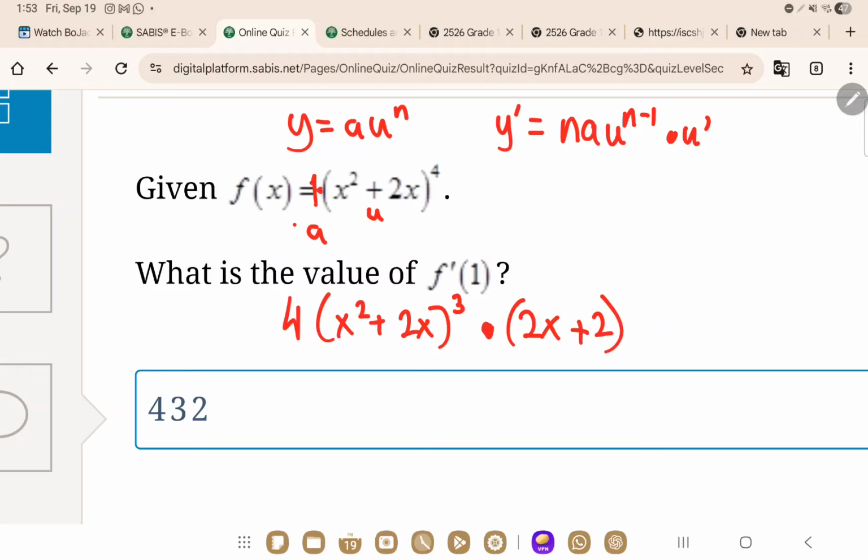So now we have, now you could just substitute 1 into this equation. So it's 1 plus 2, my bad, which is 3 to the power of 3, which is 9, times 4, which is 36.